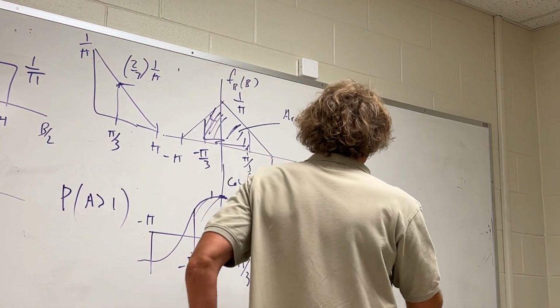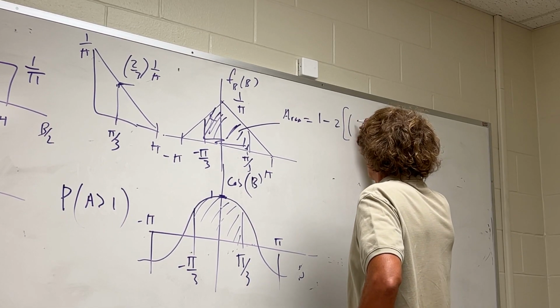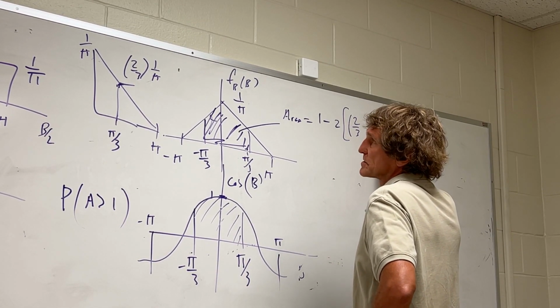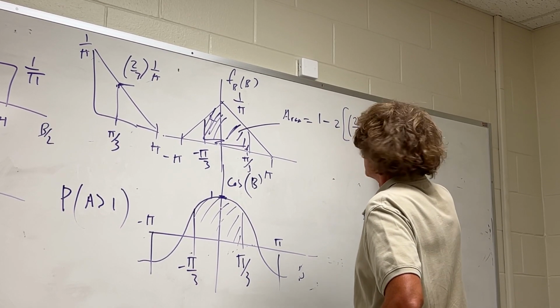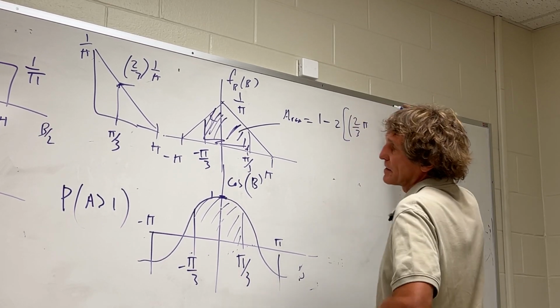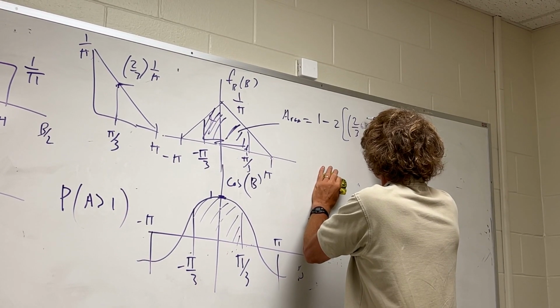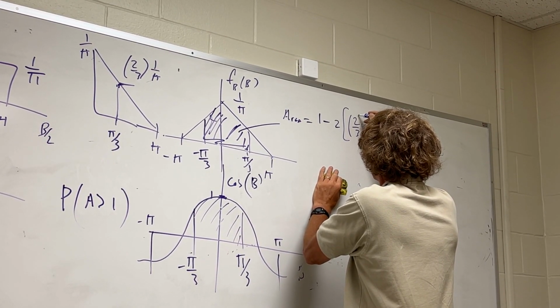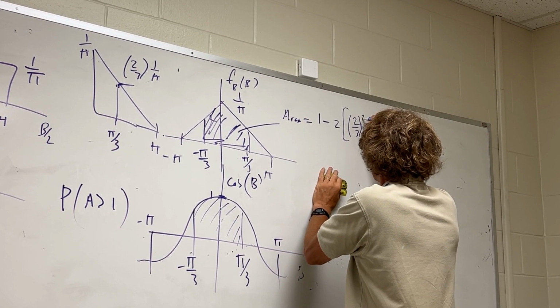So this is 2 times, and this is going to be 2/3 pi, and then this pi and that pi cancel, so it's minus 2/3 squared.